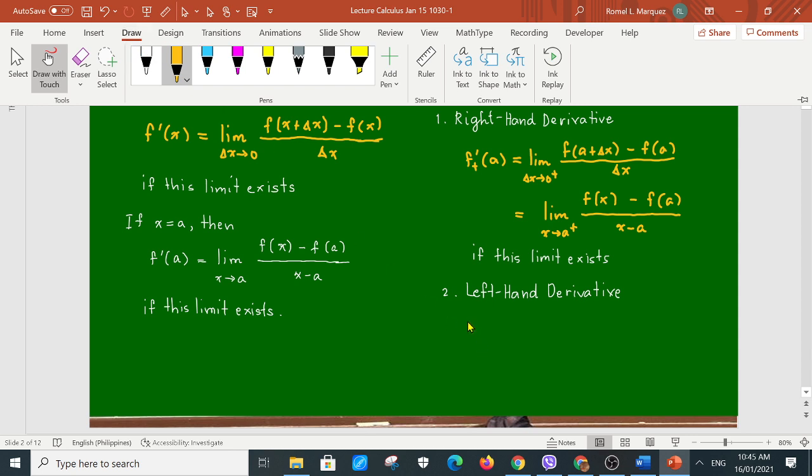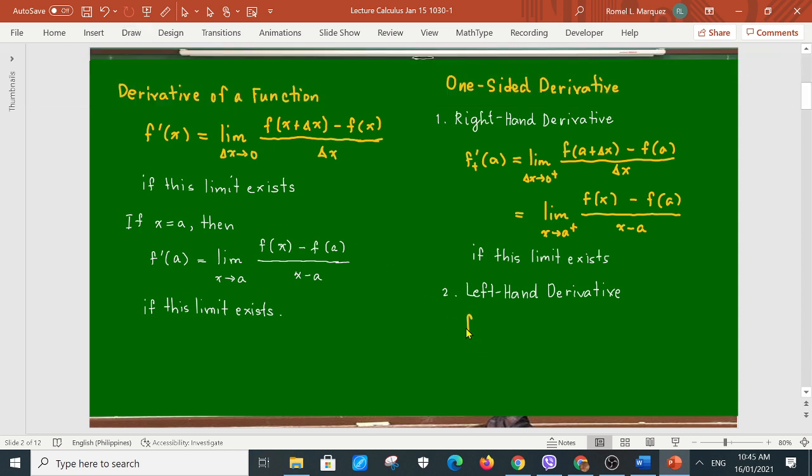We have f prime with a minus below, to mean from the left, at x equals a, is equal to the limit as delta x approaches 0 from the left of f of a plus delta x minus f of a, all over delta x.